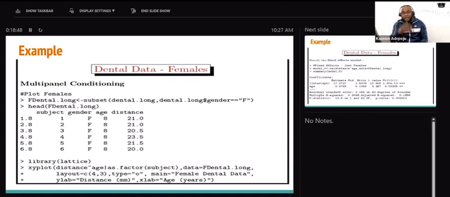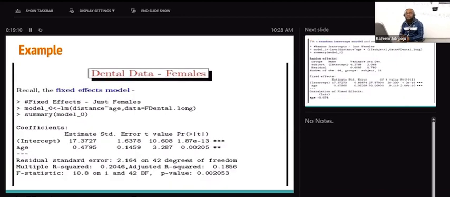When you take a look at the data you're seeing now, we're focusing on female, and that is why you see gender equal to F. Focusing on female, we run a regression where age is the explanatory variable and the distance is the response. We're using the female data. We want to investigate the relationship between the distance that we talk about and age, and we're only focusing on female.